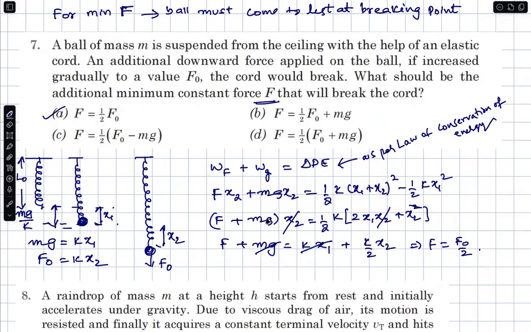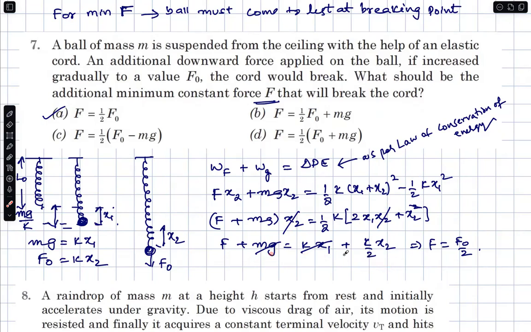F plus mgx2 is, after solving you will get 2x1x2 plus x2 square. So what I have done is, here x2 is common, here also x2 is common. So finally what I have is F plus mg is equal to kx1 plus k by 2 x2.